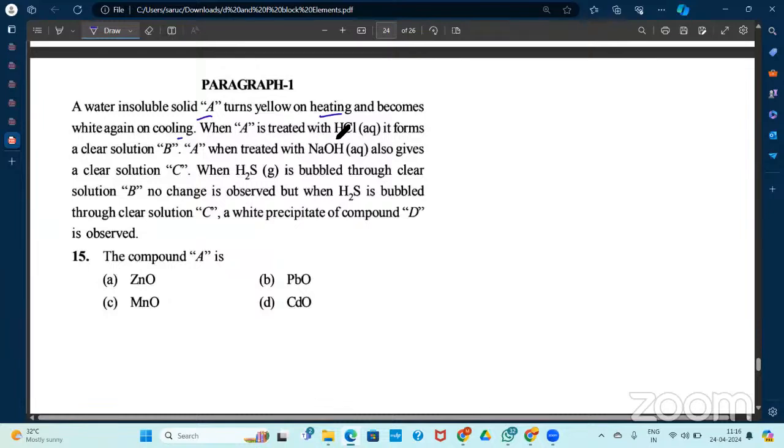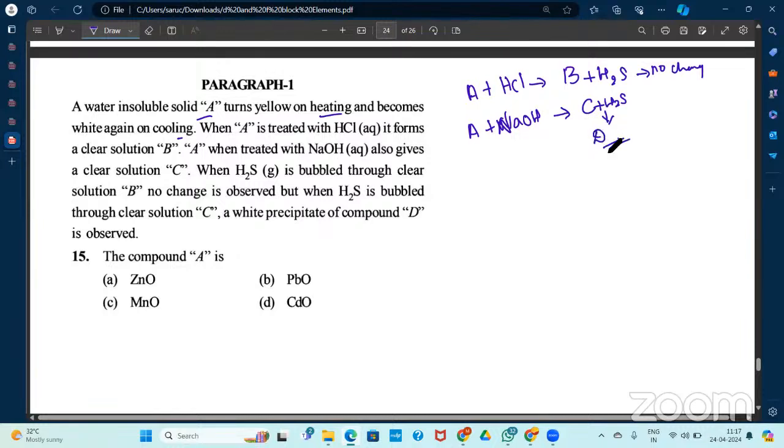What is A? A with HCl forms a clear solution B. When A is treated with NaOH, it also gives a clear solution C. When H2S is bubbled through B, no change is observed. But when H2S is bubbled through C, you'll get a precipitate. So what would be the compound A? You can choose from the 4 options: zinc oxide, manganese oxide, lead oxide, and cadmium oxide.